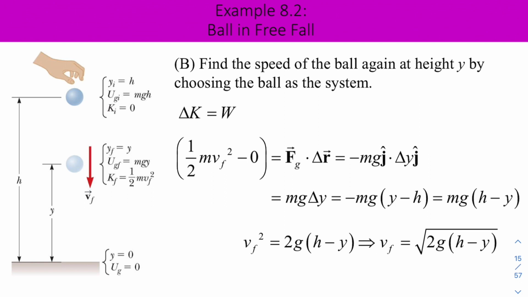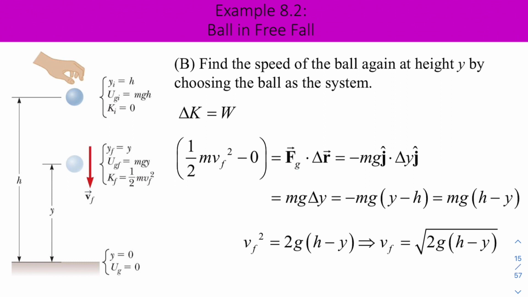So the change in kinetic energy is equivalent to K final, half mv final squared, minus K initial. Initially, the V is 0, as I stated before, equivalent to work done. Okay, work done by what? By gravity. Gravity is the one that caused the ball to move downward. That is how we know delta K is equivalent to W.